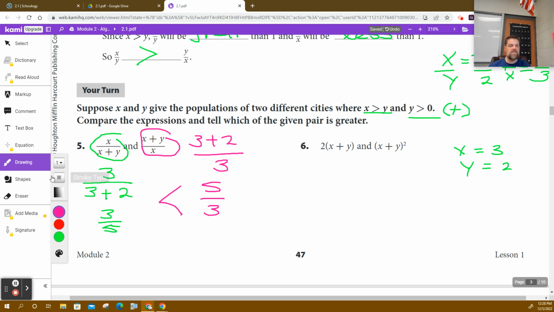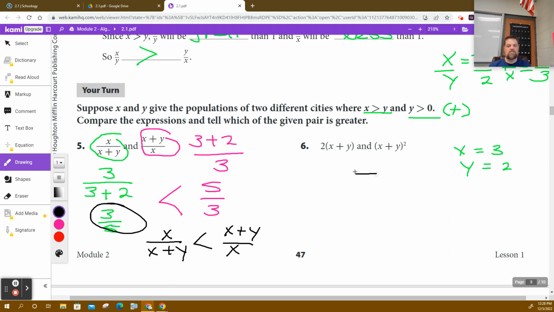So what I would have to say is X over X plus Y, which is this value here, is less than X plus Y over X. And there's some more math that you could do there, but basically this is the easiest way to do it.